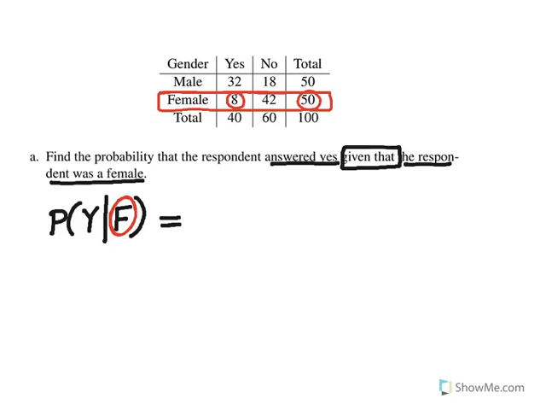So this probability will be 8 said yes out of 50 females. And this, if you calculate it, will be 0.16 or 16%. Okay? Keep on answering the other questions and then you'll understand things better.